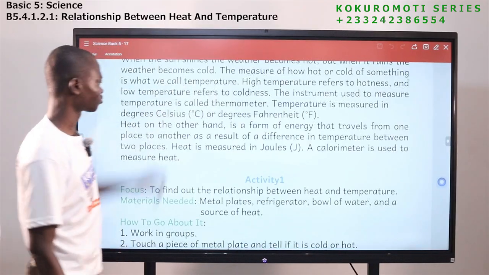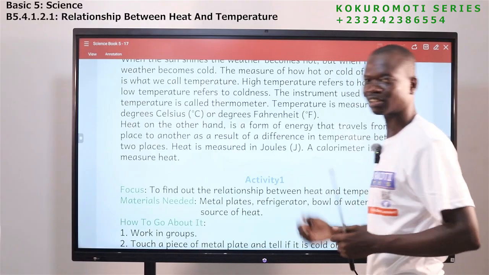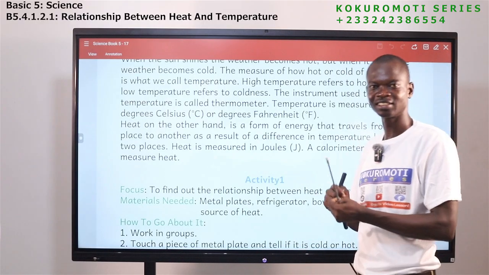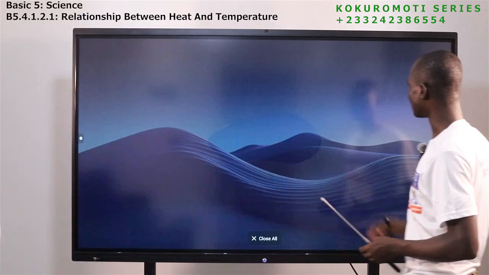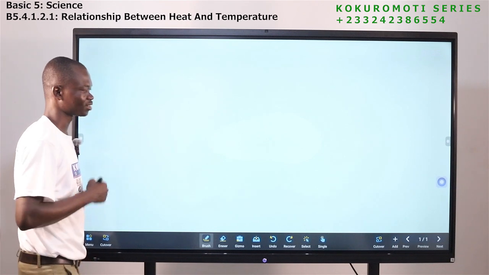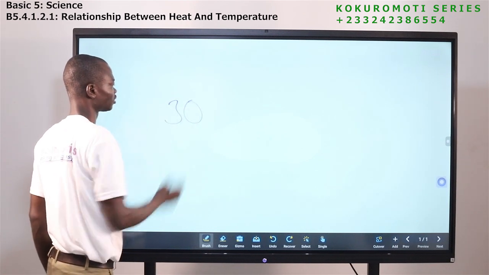Now, if you measure something, what will indicate that you measured the thing? So the SI units, let's look at them. Let's go back and let me show you something. Let's say you have measured temperature and you got 30.